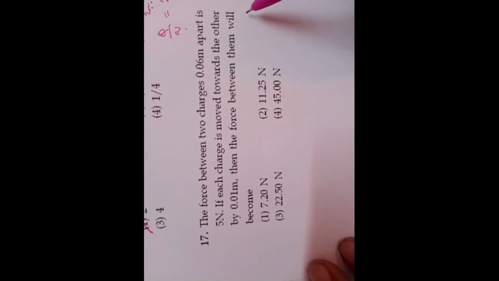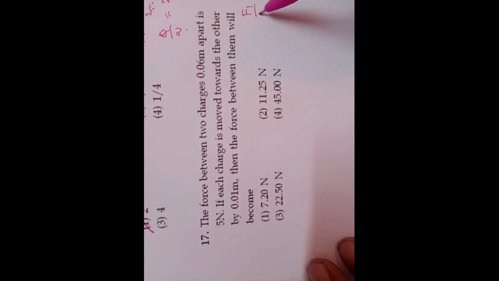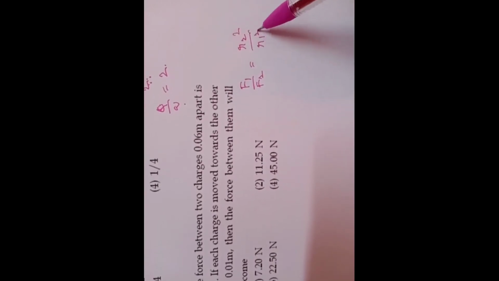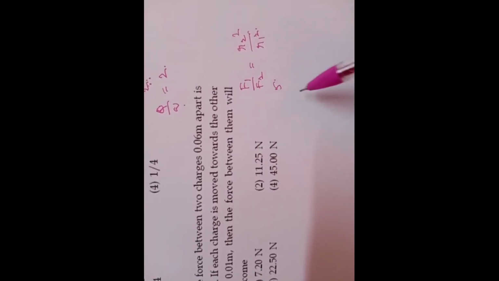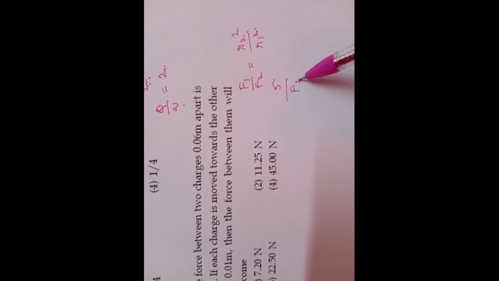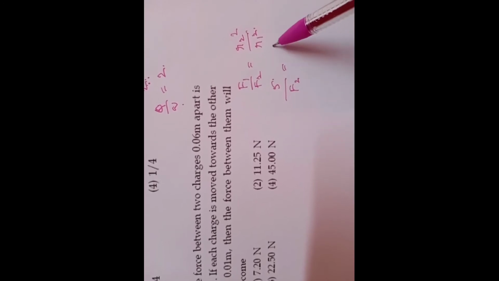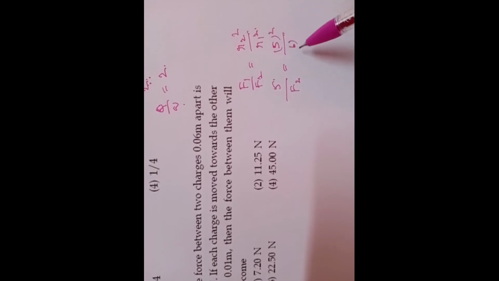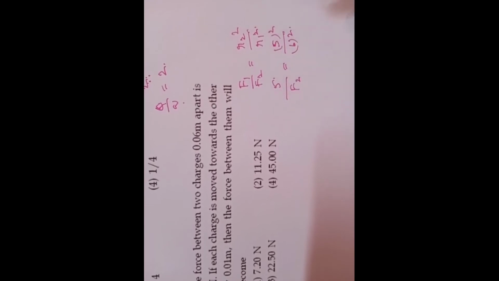How will force vary with distance? You know, F is proportional to 1 by r square. So F1 by F2 is equal to R2 square by R1 square. F1 value is 5, F2 value we have to calculate. R2 is 5 centimeter, R1 is 6 centimeter.